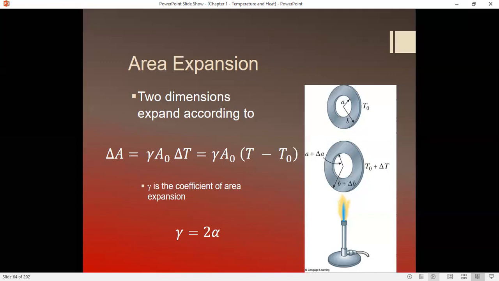So what you get is this. The extra area as we heat something up is equal to this gamma times the original area times delta T.